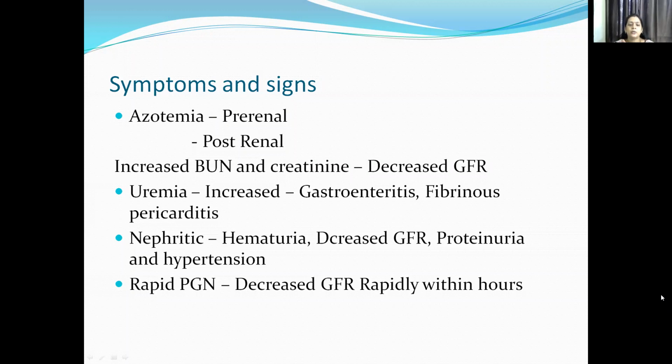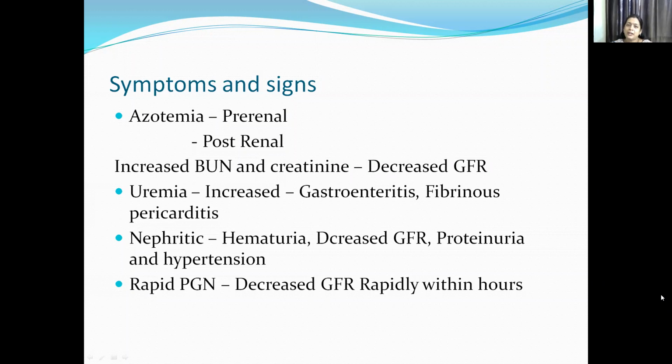Now coming to the other one, that is the nephritic. Usually the azotemia, that is the increased blood urea nitrogen and creatinine, may be the result of prerenal causes. The prerenal causes may be congestive heart failure or the decreased total volume of the blood.